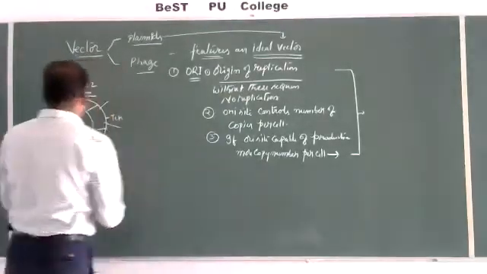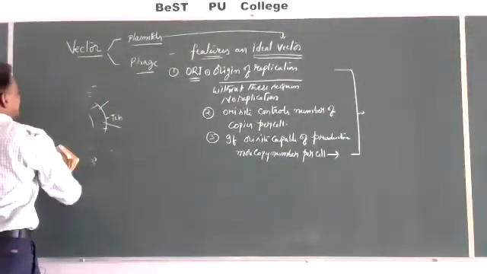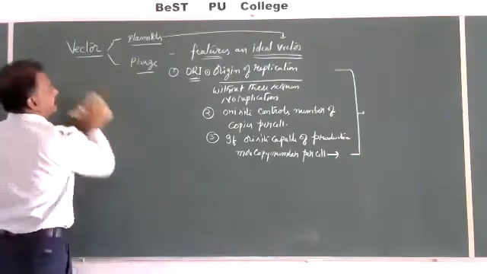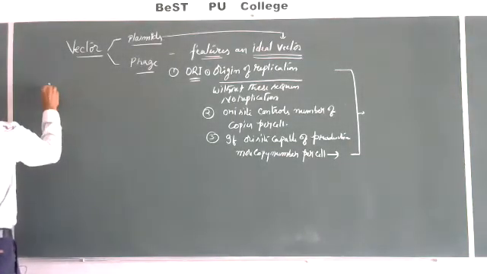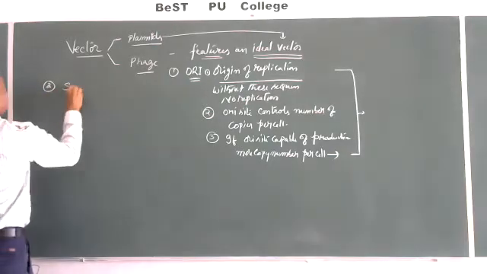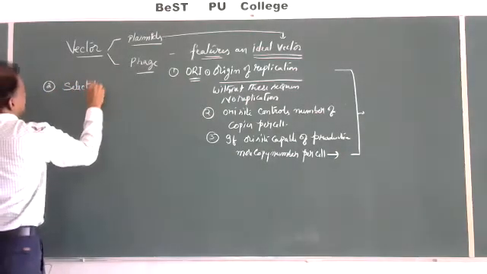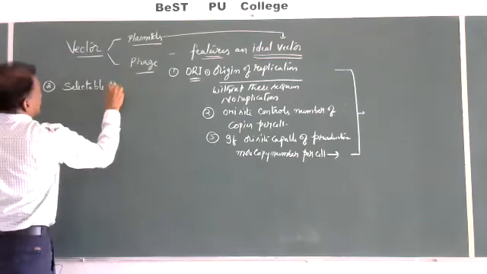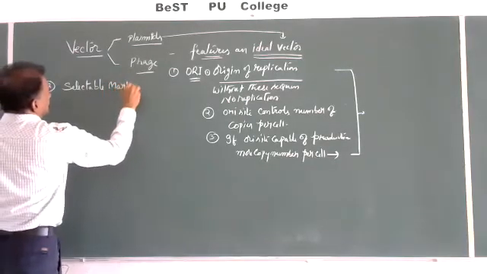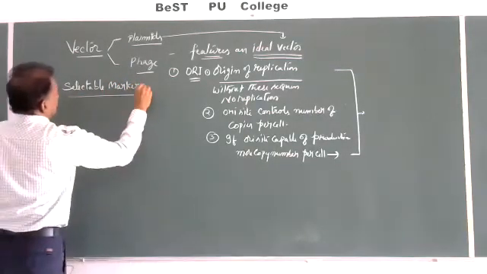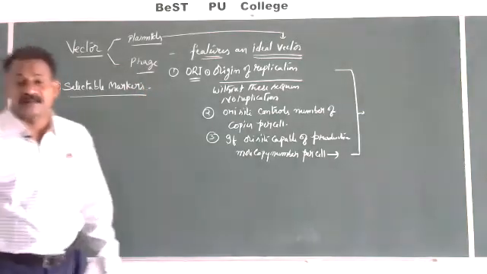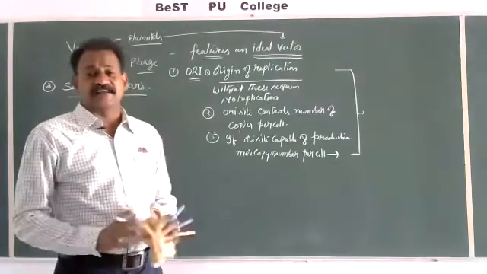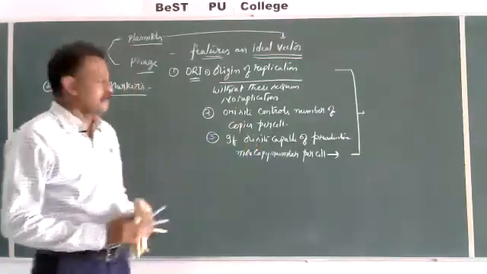Second feature of an ideal vector: selectable marker. Selectable marker is another feature of a vector.